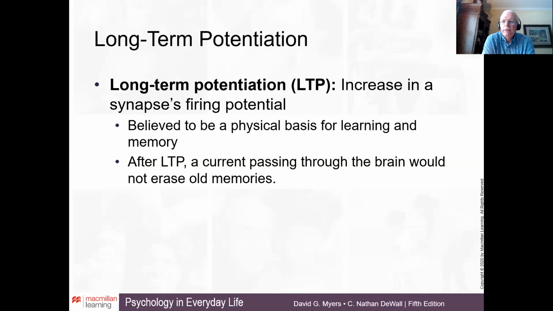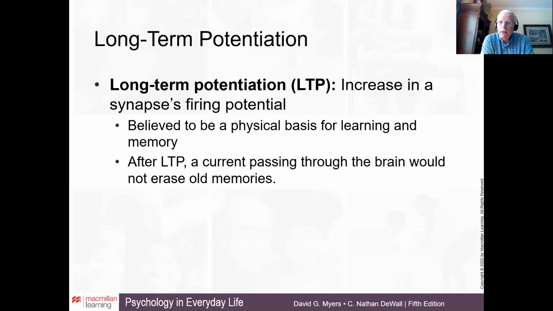In the case of the disease Alzheimer's that primarily affects older adults, as you may be aware, a structure in the brain that's affected by Alzheimer's disease is the hippocampus.